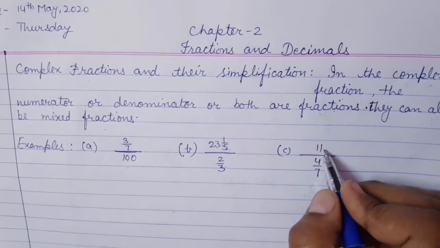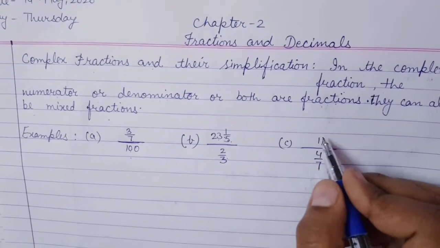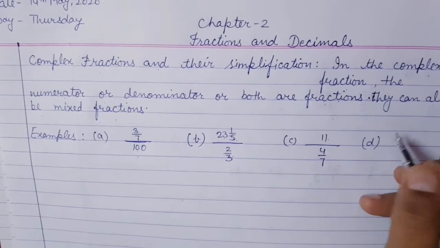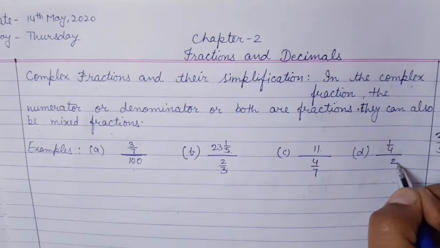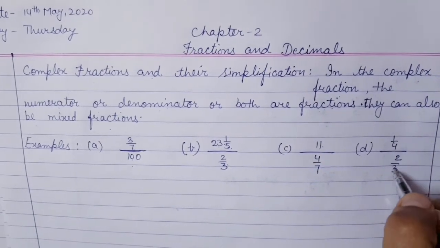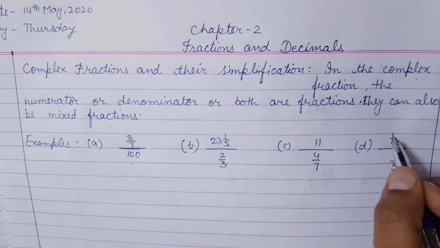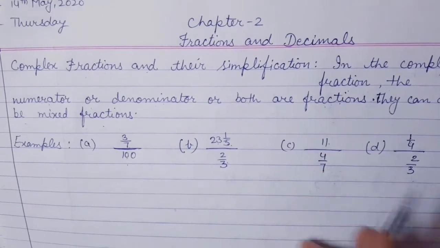Here numerator is not a fraction but denominator is a fraction, hence it is also a complex fraction. The example is 1 upon 4 divided by 2 upon 3. Here you can see numerator and denominator both are fractions, hence it is a complex fraction. Okay, so these are some examples of complex fractions.